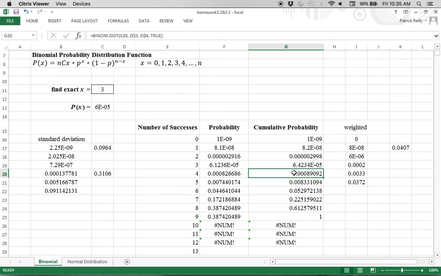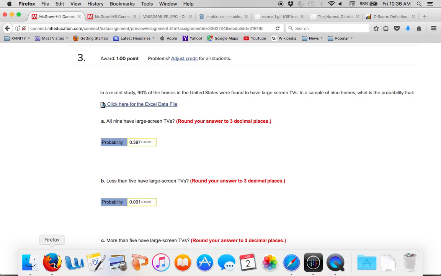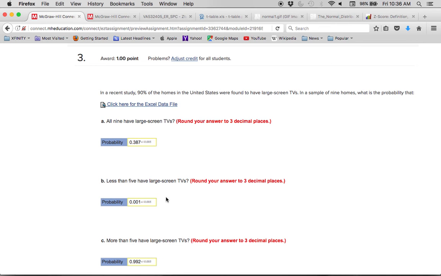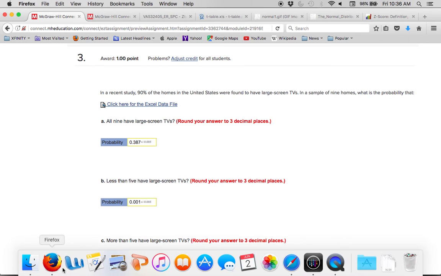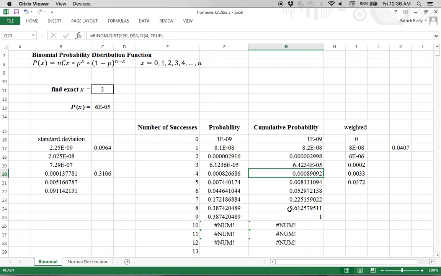Less than 5 means we're going to 4, and we see that it's 0.00089, which rounds to 0.001. Okay, 0.001. So if it says less than, or less than or equal to, or more than or equal to, you're going to want to use your cumulative probabilities.